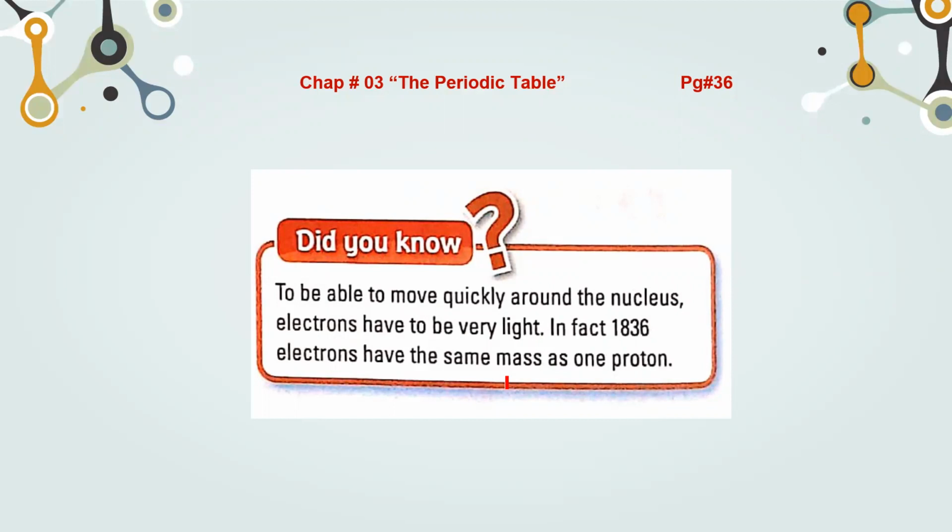Even 1836 electrons joined together would be needed to equal the mass of one proton. So you have to imagine how much lighter the electron is as compared to the proton and neutron, because the masses of the proton and neutron are quite equal to each other.